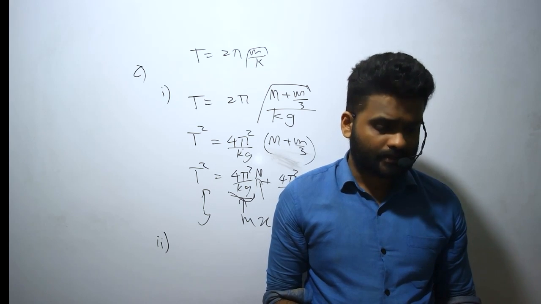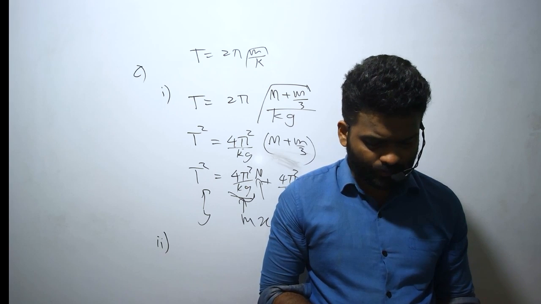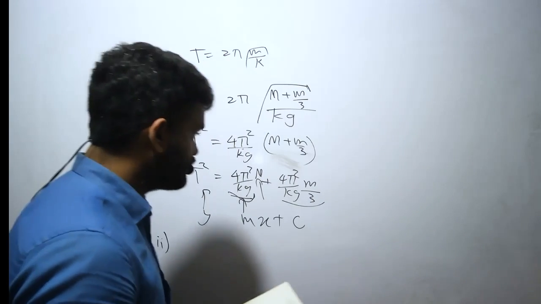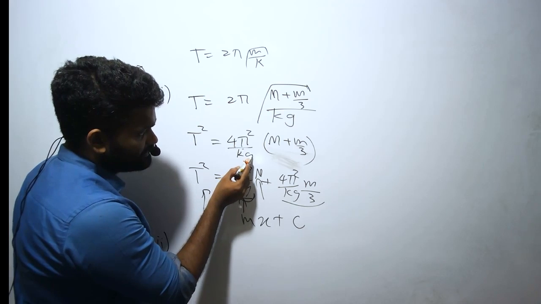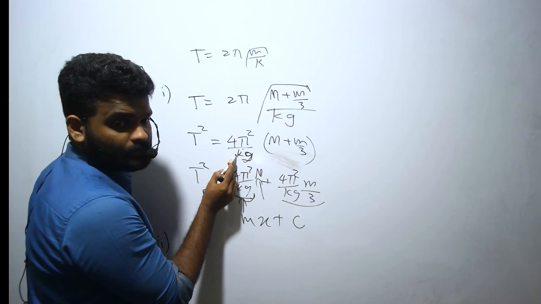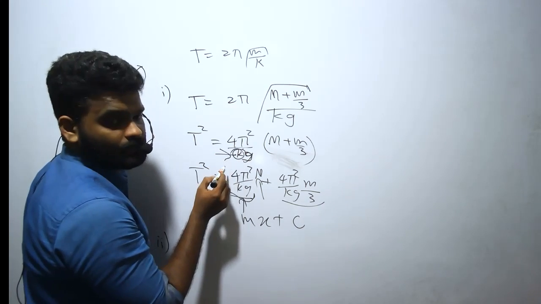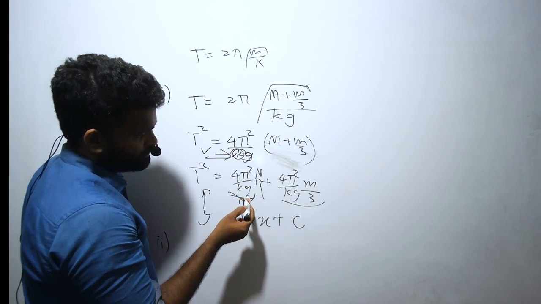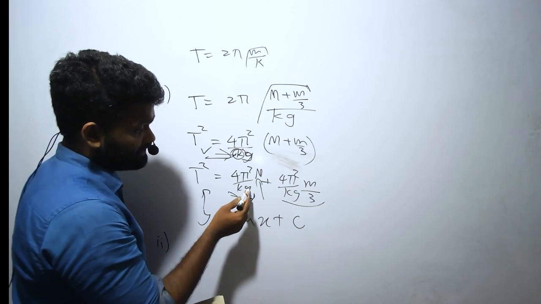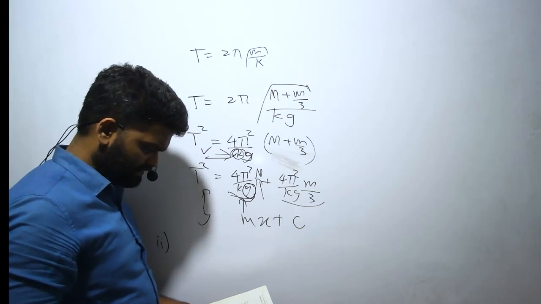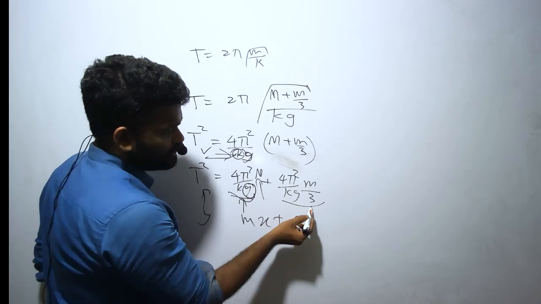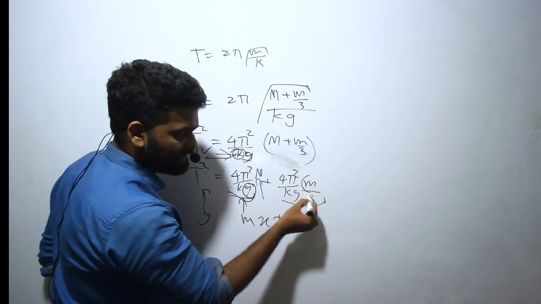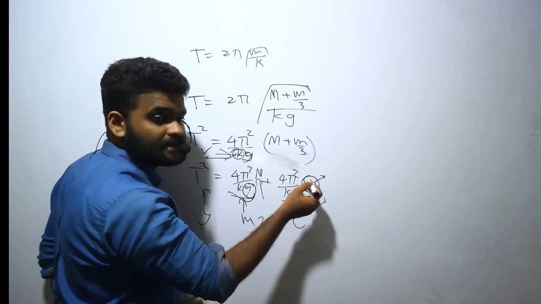Then the third part: what quantities would you extract from the graph to determine G and M? So you have to determine G, right? We have already calculated K, so K is known. You don't have to know about the intercept because the intercept has an unknown, small m, the mass of the spring.